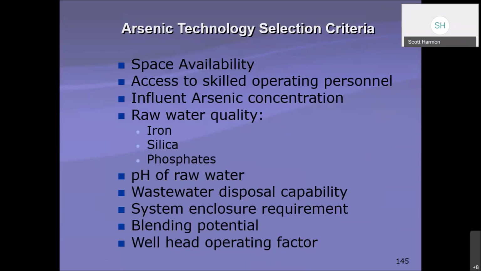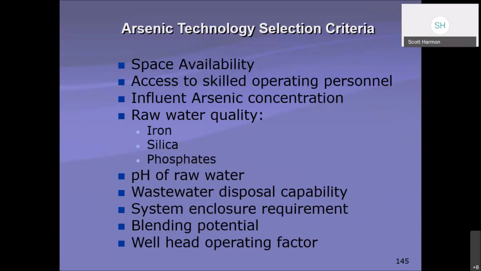And this is a real issue these days, particularly because in our industry, not just in the operation and maintenance of our industry, but in the engineering firms and everywhere else, there's a high amount of people retiring. So skilled operators with licenses are not that easy to find anymore. So that could be an issue if you're starting out one of these new plants. Big issue, influent arsenic concentration.